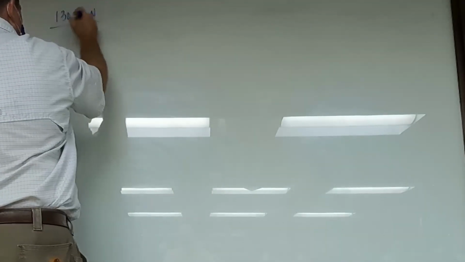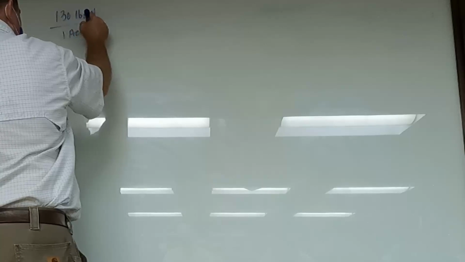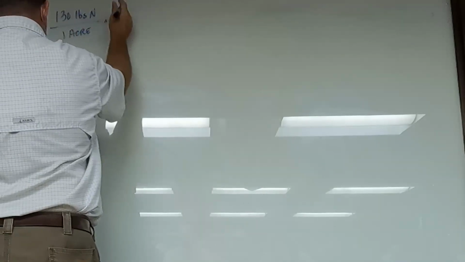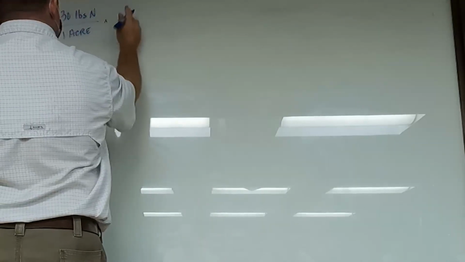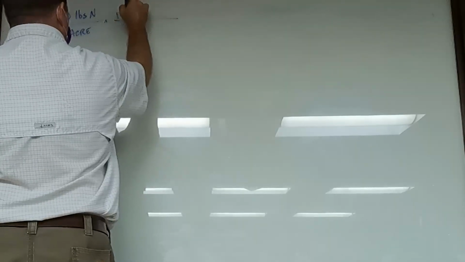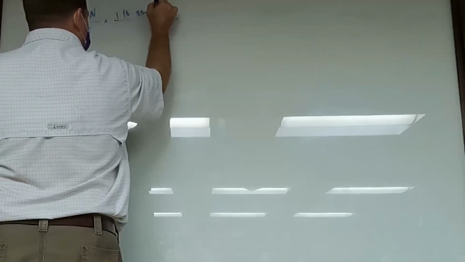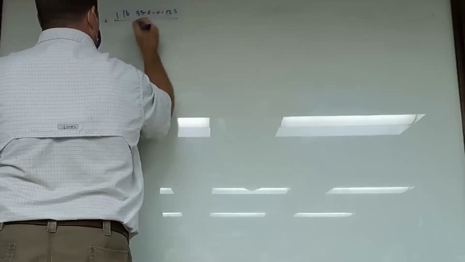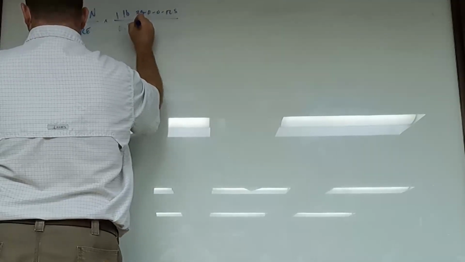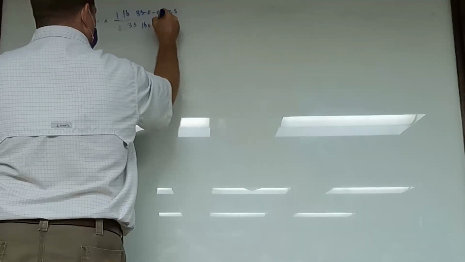So our soil test recommended that we needed 130 pounds of nitrogen per acre. And using 33-0-0-12S, in 1 pound there are 0.33 pounds of nitrogen.